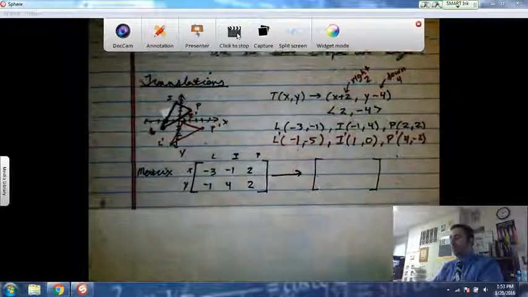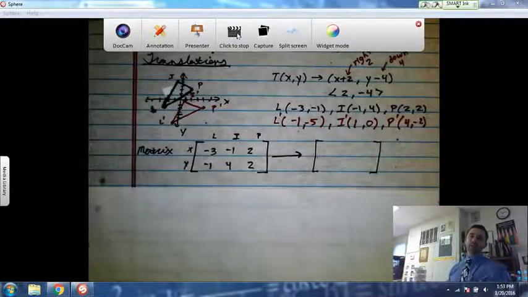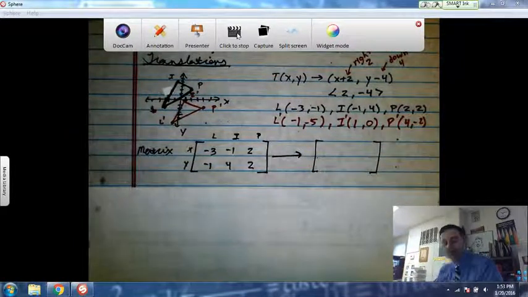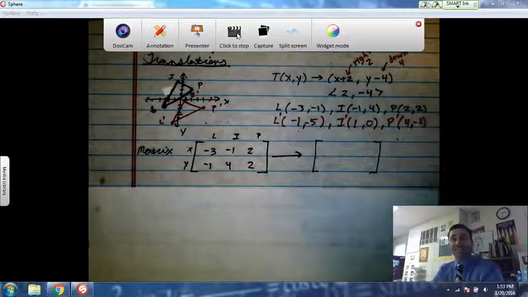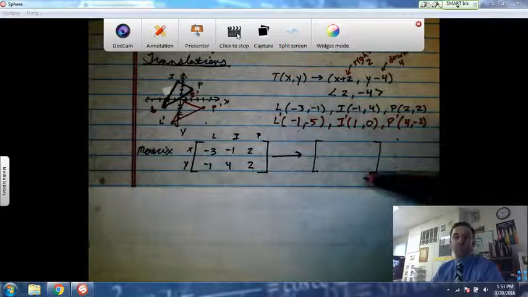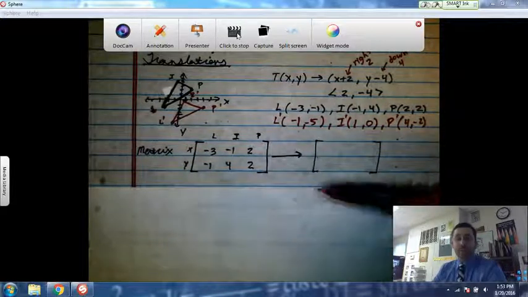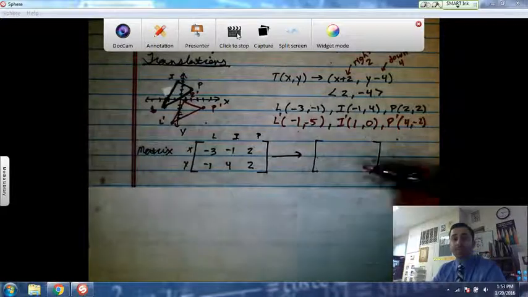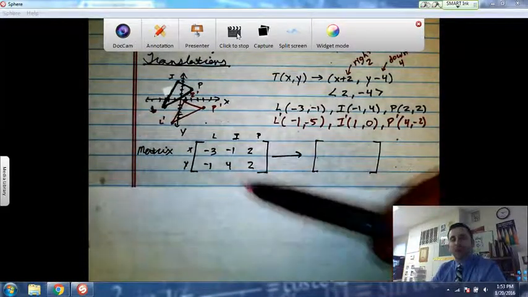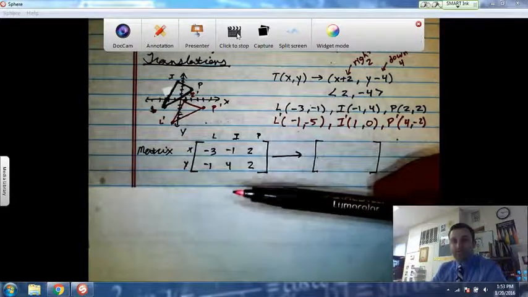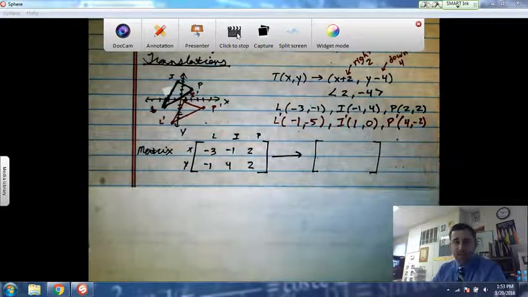Now, we can also express the translation in vector notation, <2, -4>, implying the distance and direction of movement. But we also can put the pre-image and image into a matrix. And a matrix is essentially an element in math that we use in a lot of higher level math that can represent a set of data, in this case our set of coordinates.